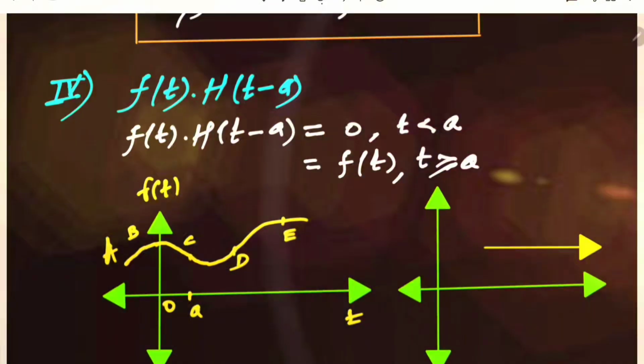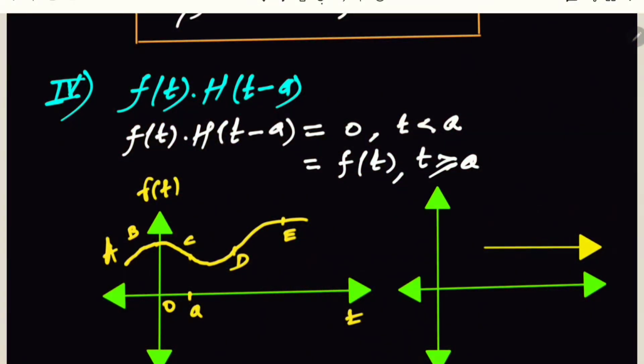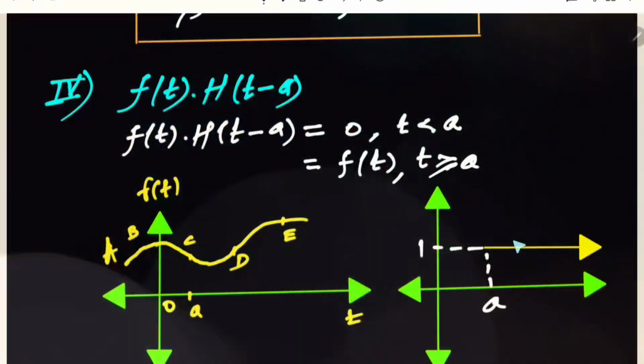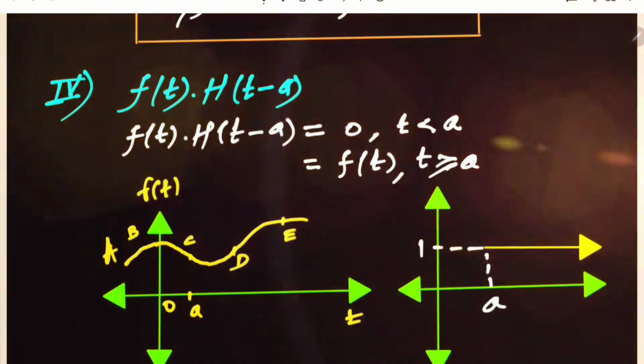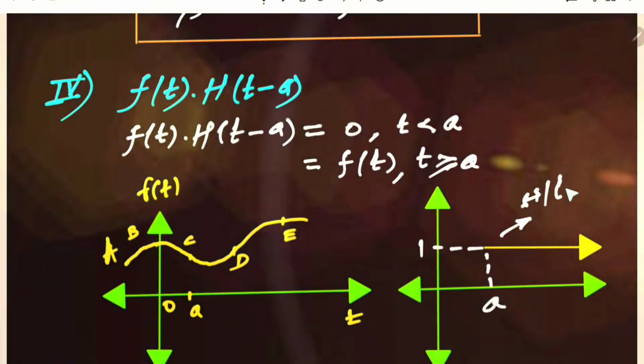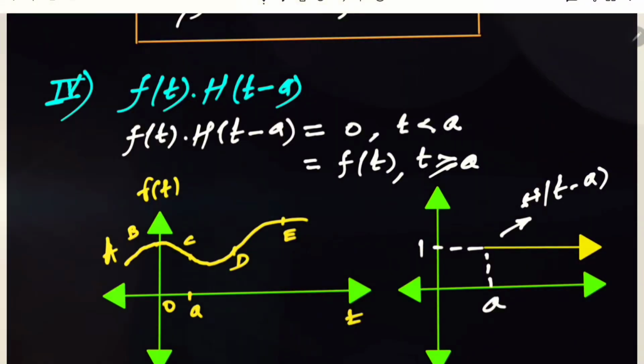This one is the displaced unit step function. Therefore, graph starts from t equal to a. From a onwards value is 1, and for values less than a, function value is 0. Therefore, it is h of t minus a.